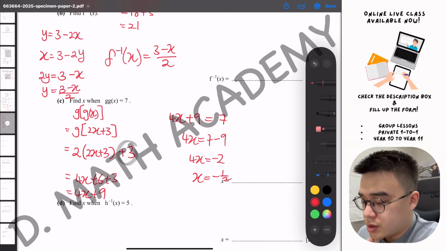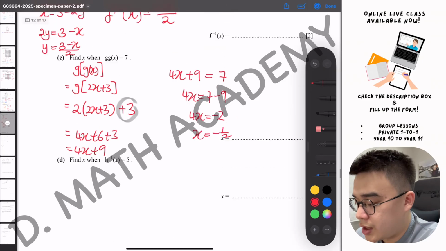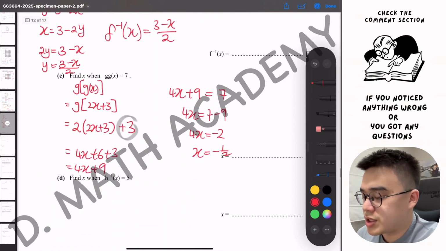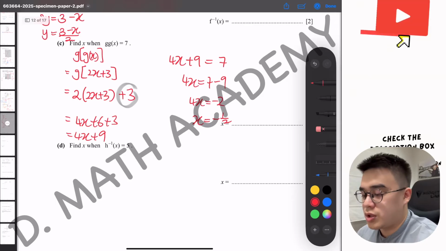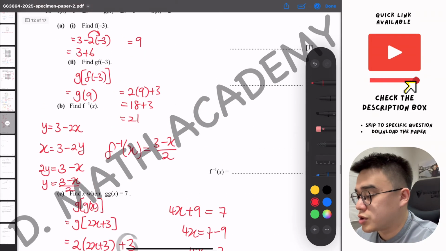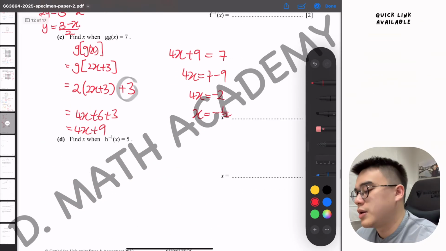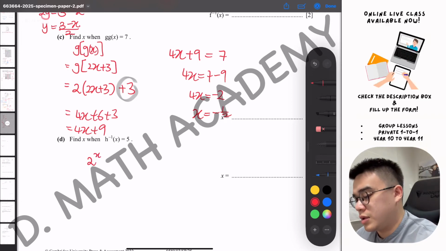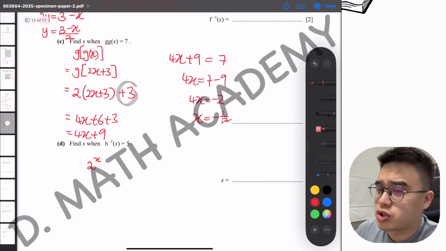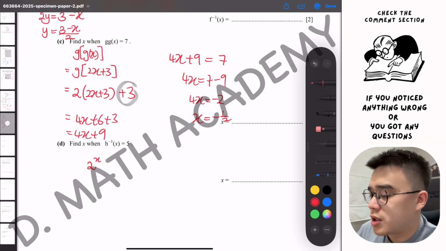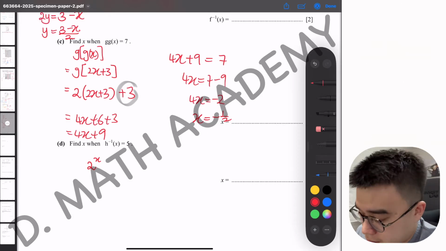Okay. So lastly, we have question d, finding the inverse of 5. So again, this is something unusual. My method is not in the textbook, but I think this textbook should have taught you guys about using log.